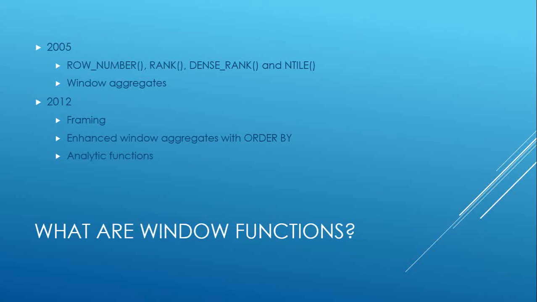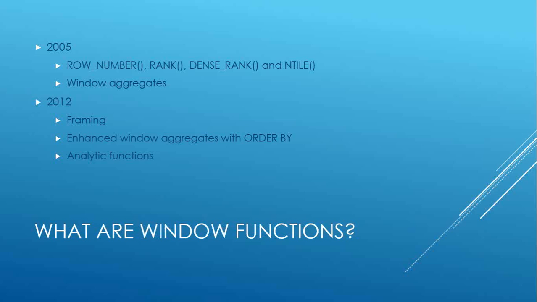A lot of times if I don't know how to solve a problem, I just add ROW_NUMBER to it and start looking for a pattern. In 2005, we also received window aggregates, which is a way to add summing information without an aggregate query. In other words, we can aggregate over this little window of rows and add that to our detailed data.